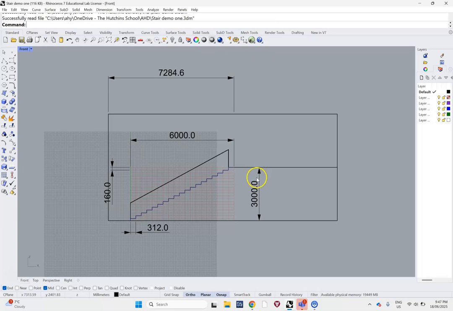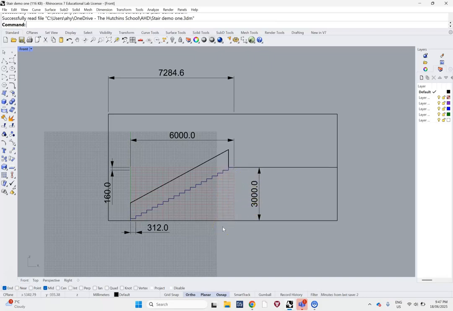This is known as your total rise. The individual parts here on the up are known as your stair rise, and these are known as your treads. They are a run, but they're really known as your treads on your steps, right? So how did I work out the number of steps?